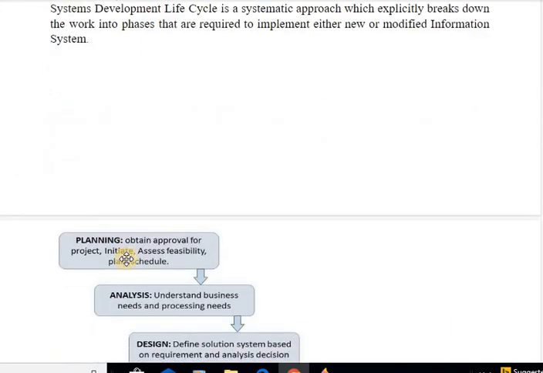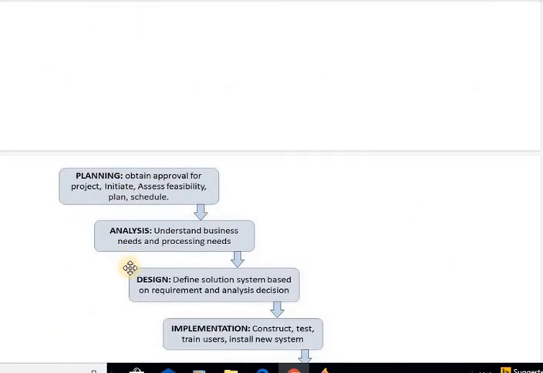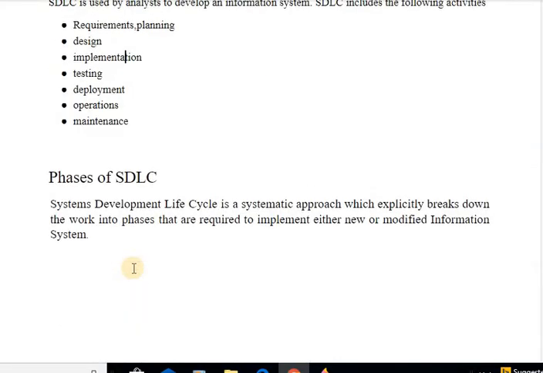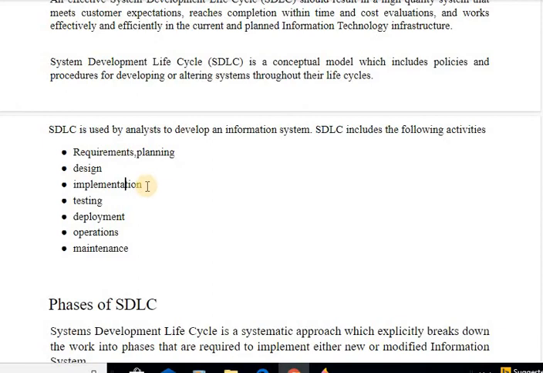Implementation is where we are going to construct the design. If we have developed and designed the system, then coding must be there. If we are talking about any software system, then implementation will also contain the coding part. Then after coding, we need to deploy that particular system for whatever organization we have created it.